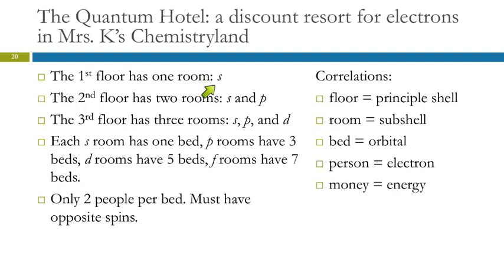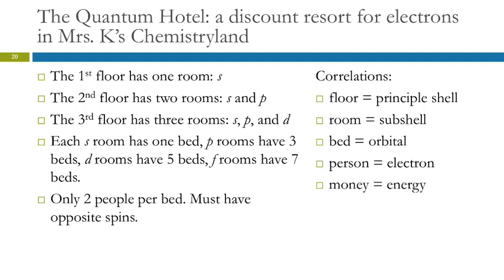On the first floor, we have one room. The room is like the subshell. That room is an s orbital, or the s sublevel. On the second floor, we've got two rooms, the s sublevel and the p sublevel. The third floor has 3 rooms, the fourth floor has 4 rooms, etc. Now, these rooms have different numbers of beds.